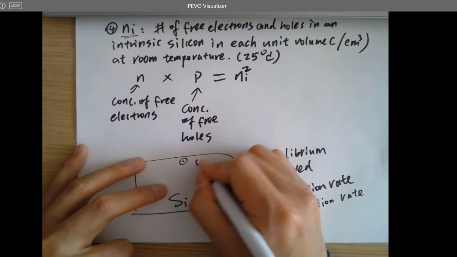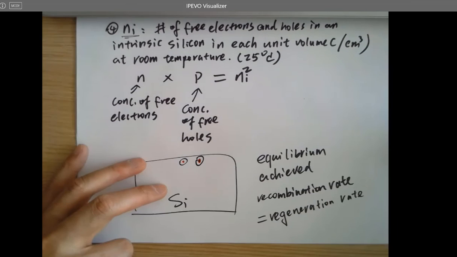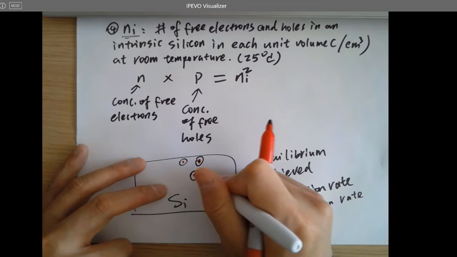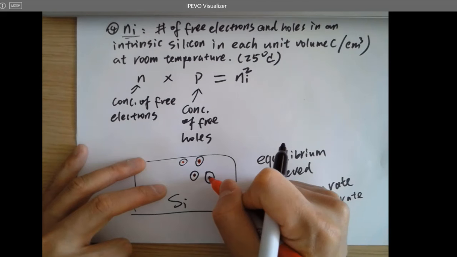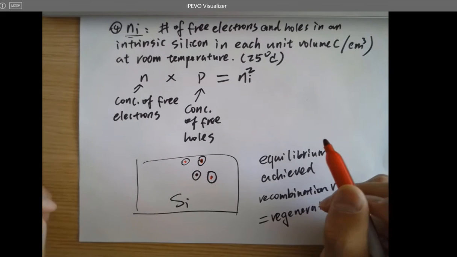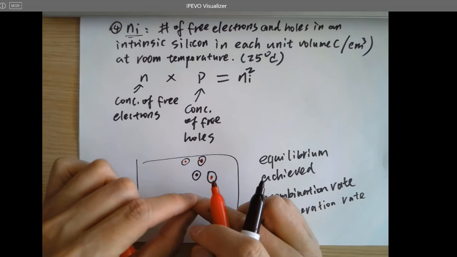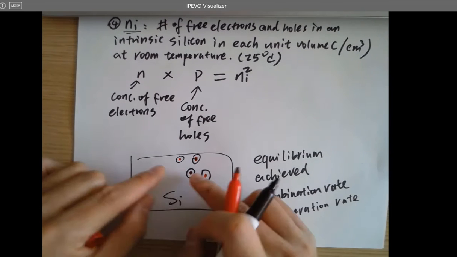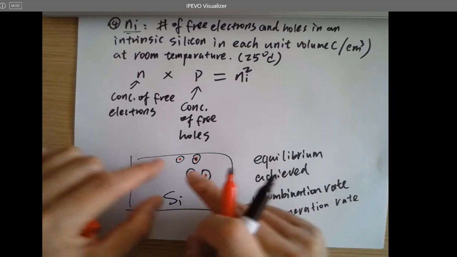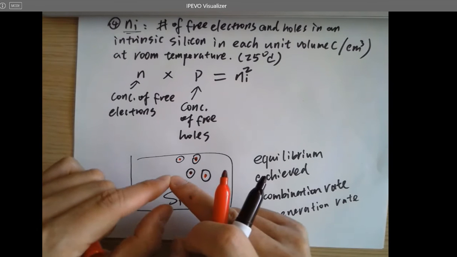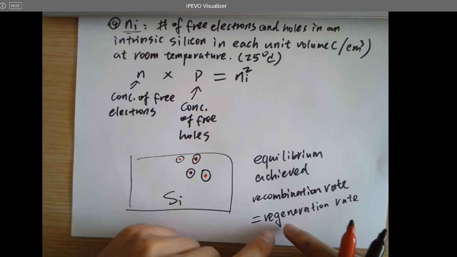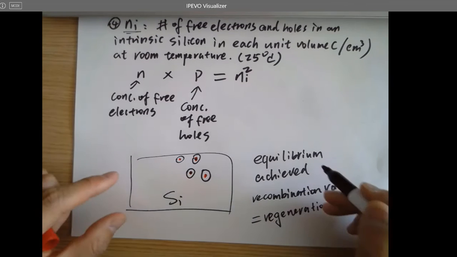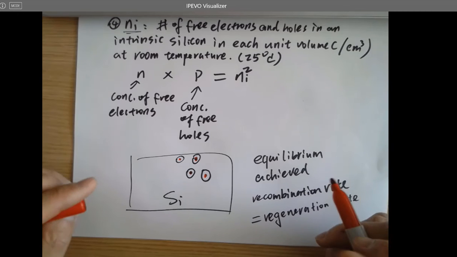There are a whole lot of holes and electrons, because they are separating and being recombined all the time. At equilibrium, the rate at which electrons and holes combine equals the rate at which they are being separated. That's called equilibrium, but there will be some free electrons and free holes in there.